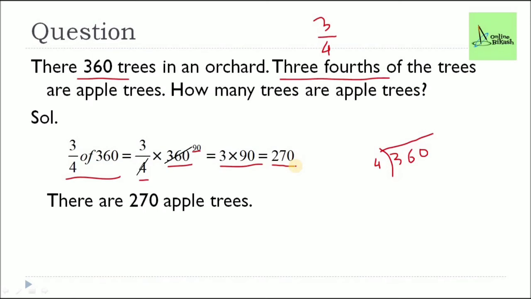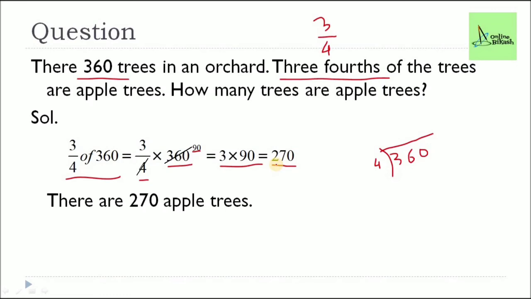Or you can simply do this easily, because there is a 0, yes or no? So that 0 will be put at the end, and just multiply this 3 and 9. If you know the table, then 3 9s is 27. Okay, so that's why 270. There are 270 apple trees.